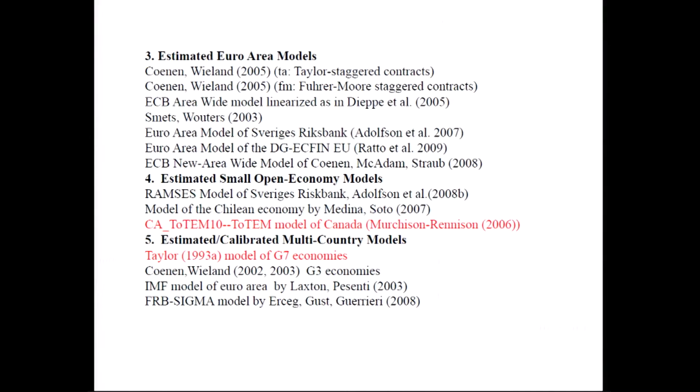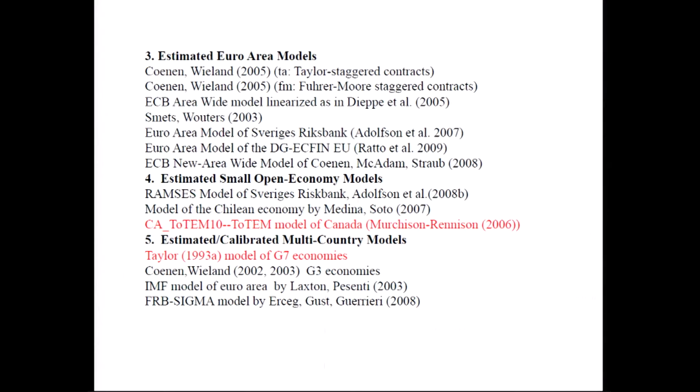I have some models here in red, because I'm going to come back to them briefly, but at the ECB, the Smets-Waters model, the Christiano, Eichenbaum, and Evans model, contributions by Lind, the Graves model, which actually has some financial frictions in it. And then these estimated models of the euro area, estimated small open economy models.